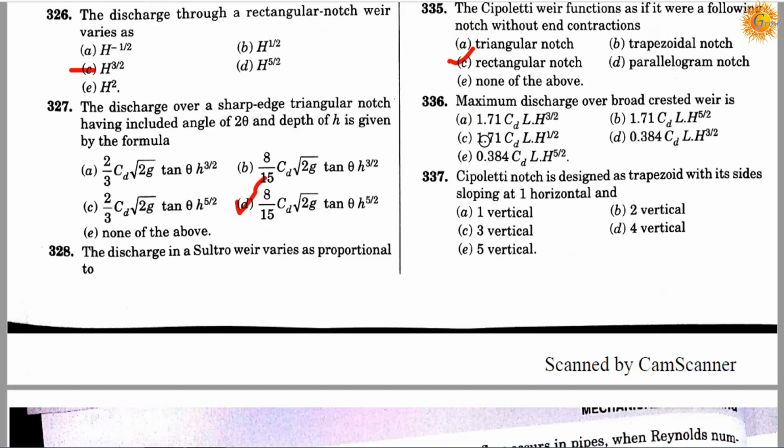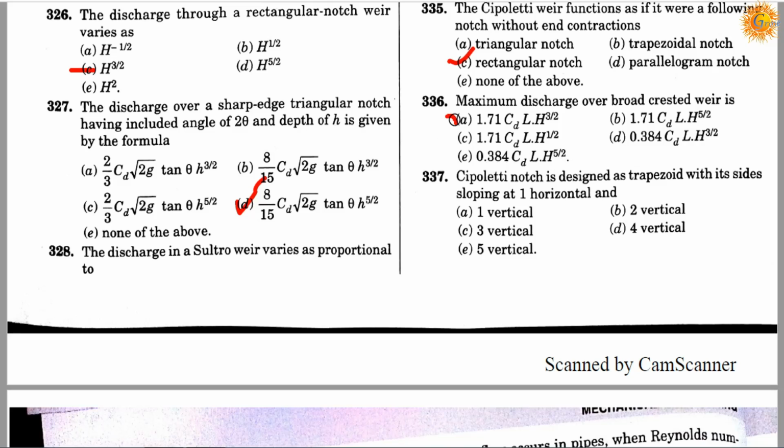Question number 336. Maximum discharge over broad crest weir is: option A, 1.71 CdL H power 3 by 2; option B, 1.71 CdL H power 5 by 2; option C, 1.71 CdL H power 1 upon 2; option D, 0.384 CdL H power 3 by 2; option E, 0.384 CdL H power 5 by 2.